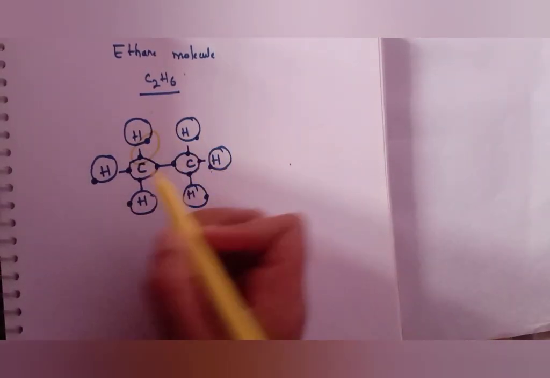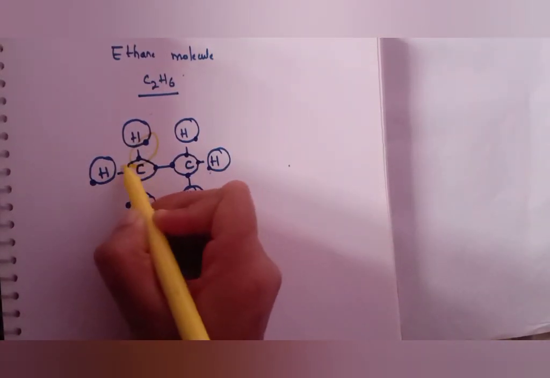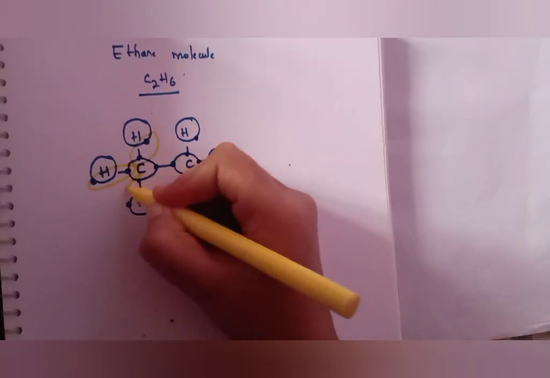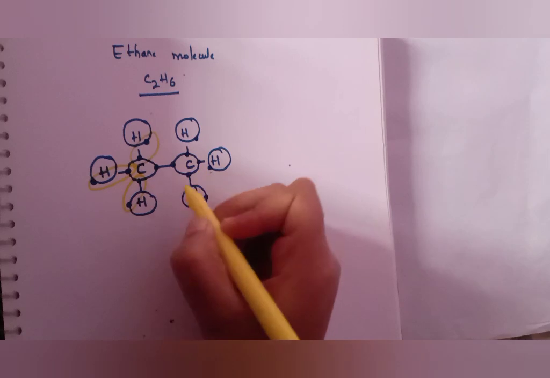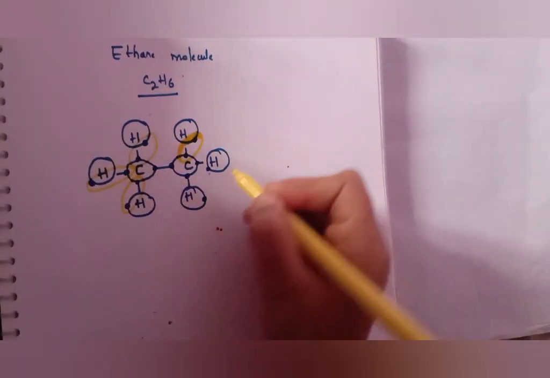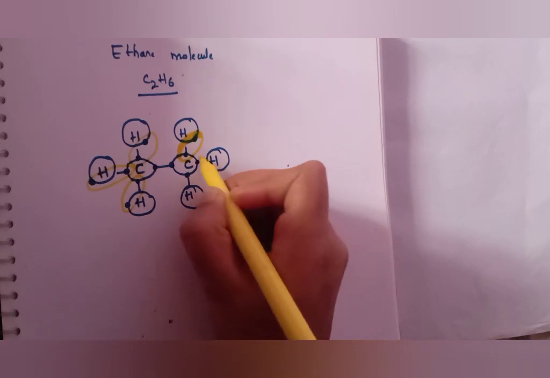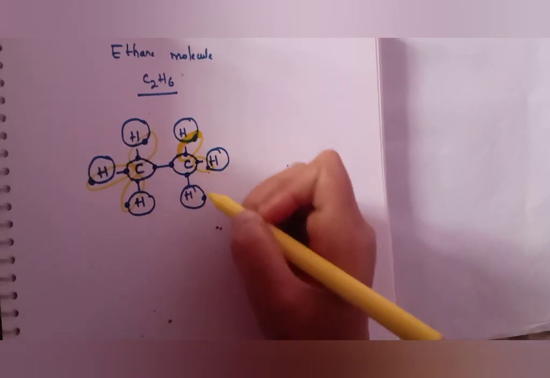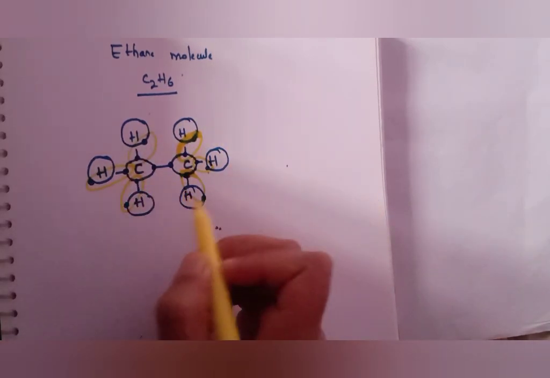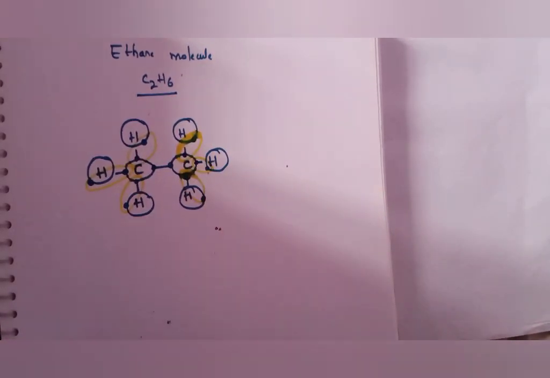Like this, this hydrogen will share an electron with this electron, and this hydrogen with this electron, this one with this. Now all the hydrogens have achieved noble gas configuration.